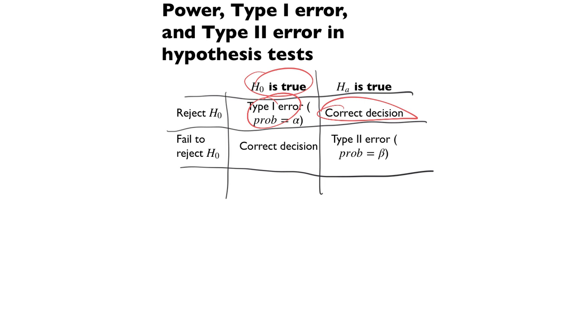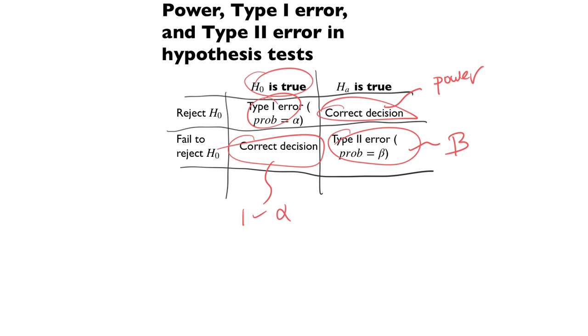That means that you have enough power to be able to reject the null hypothesis. If H0 is true and you fail to reject H0, of course, that's 1 minus the type 1 error, and that's good. And likewise, if you fail to reject H0 but it's not true, then that's a type 2 error. So this right here is power. This is beta. And then this right here would be 1 minus alpha.